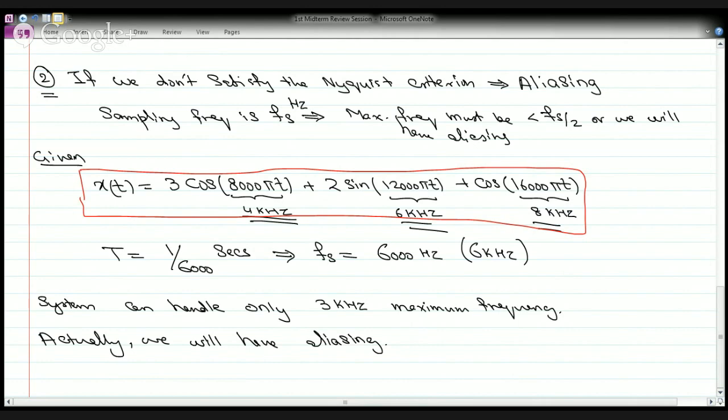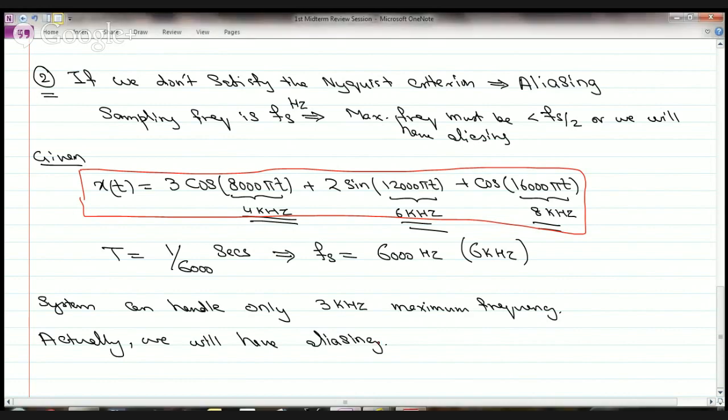Another way of doing this problem, which naturally follows if you are doing the other parts of your problem, is that you can simply go through those problems and end up getting the answer. You will see that all of your frequencies will get mapped to actually 2 kilohertz. Okay? So you can use that as an aliasing chart, or you could just do it step by step using that formula that we have seen.